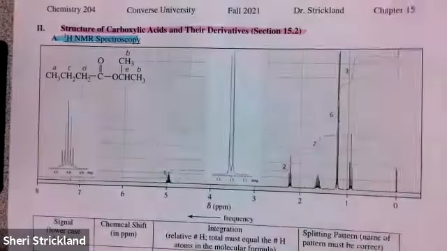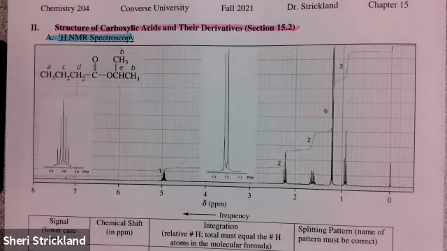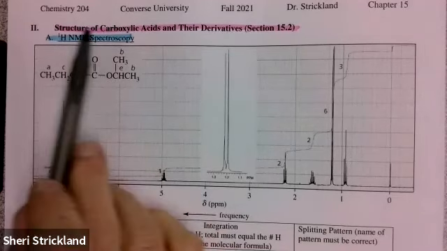So you've actually done a fair amount already with the IR and NMR features of carboxylic acids and some of their derivatives. So this is going to be a lot of review for a fair number of those details. We're going to walk through the analysis table for these two compounds, and you can see that the structure is already given.